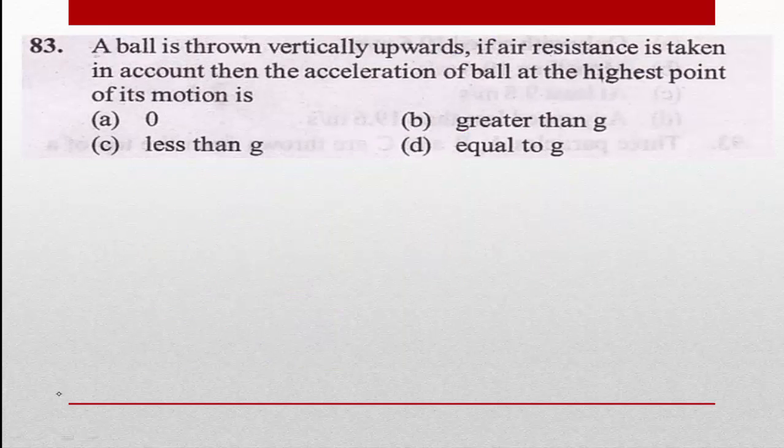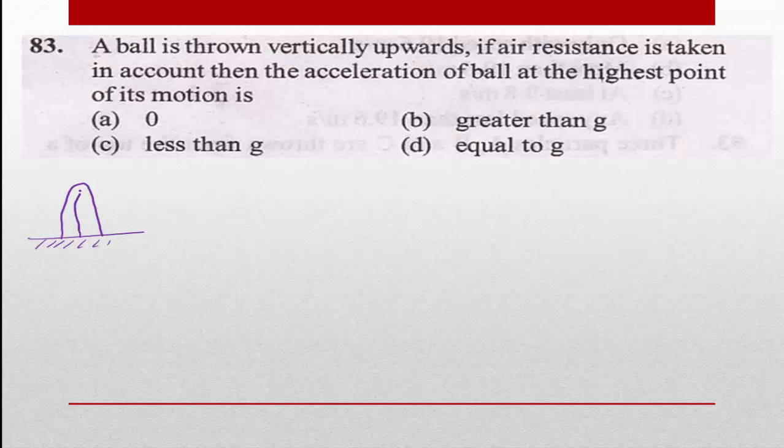The next question is, a ball is thrown vertically upwards. If air resistance is taken into account, then what is the acceleration of the ball at the highest point of its motion? Now consider this is the earth surface. The ball is thrown from the surface of the earth.